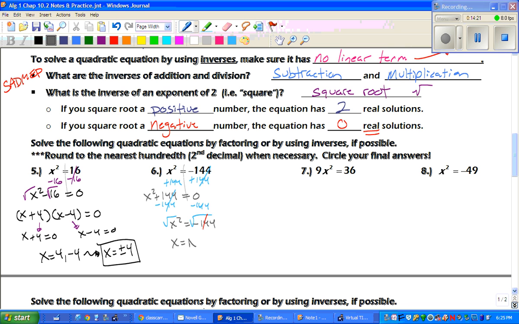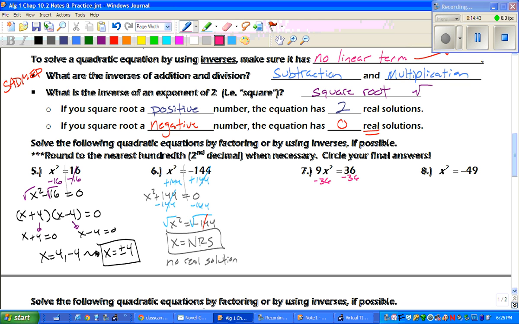So x equals no real solution, okay? Remember, you cannot take a square root of a negative number. All right, number 7.